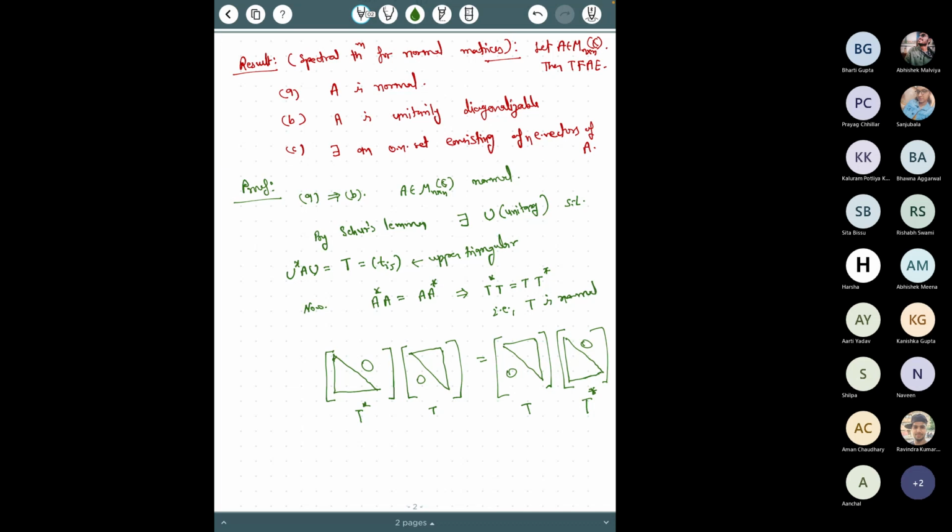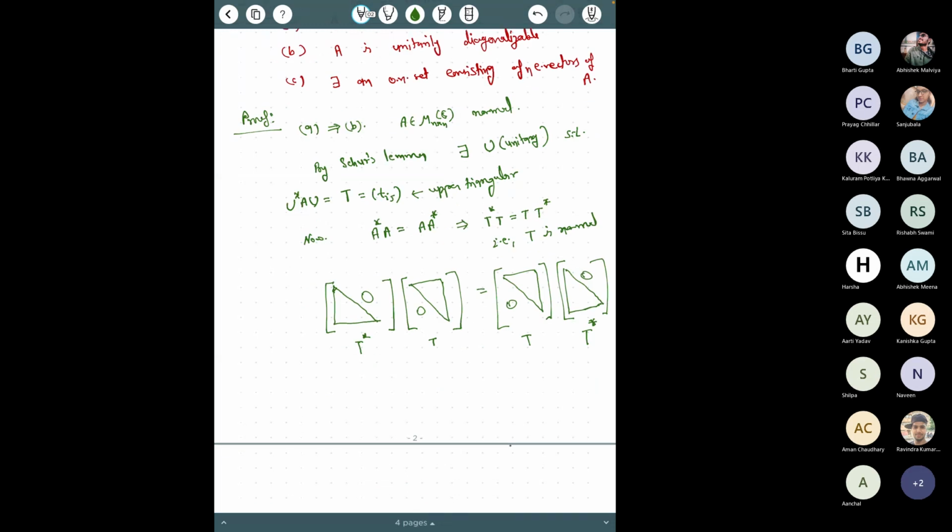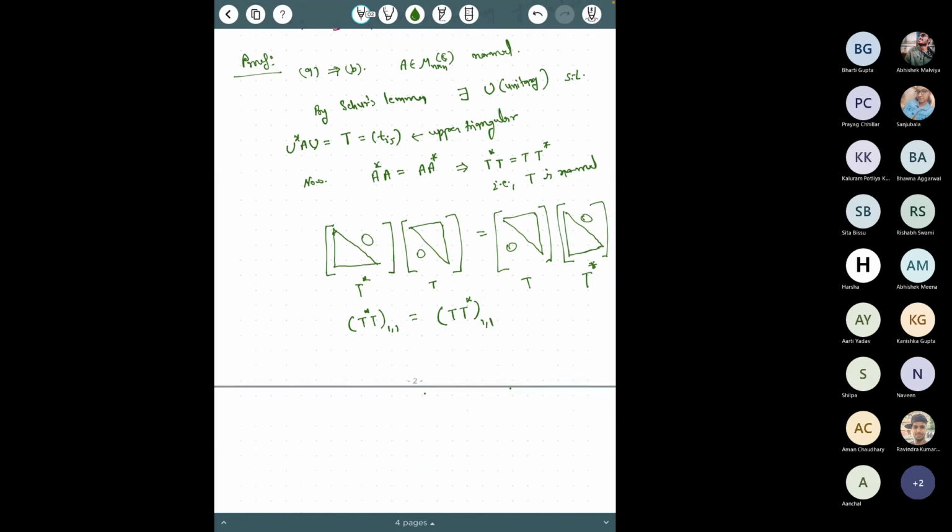So let us compare the entries of the left hand side and right hand side. What would be the 1 entry of the left hand side? You tell me, what is this entry, the 1 entry of T star T? So let us compare these two entries, the first entry at the 1 1 position. If you denote entries by Tij, what is the left hand side?